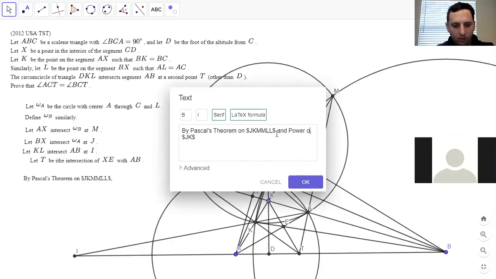From Pascal, the intersection is on AB, and from the polar thing, the intersection is on XE.